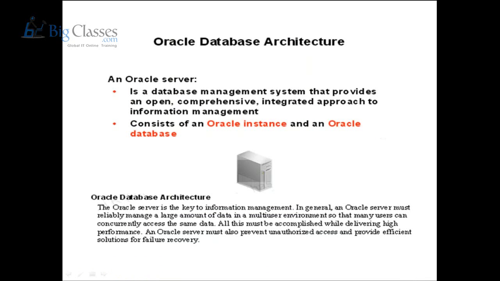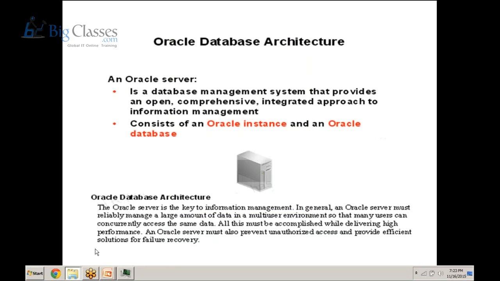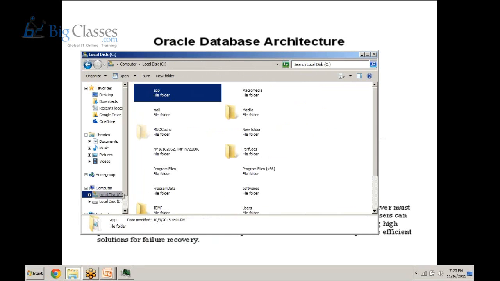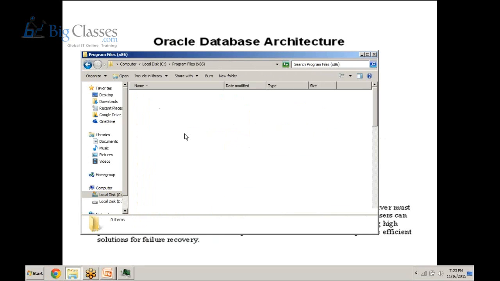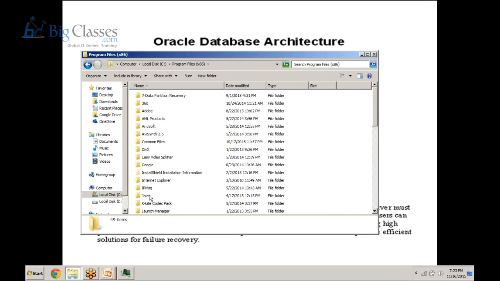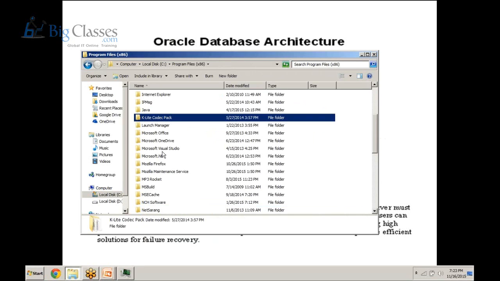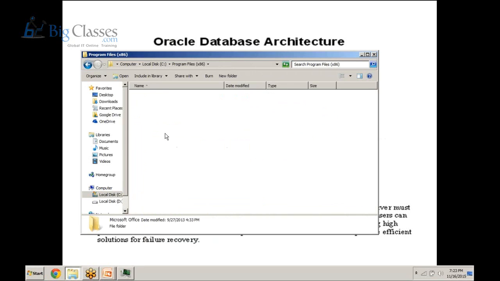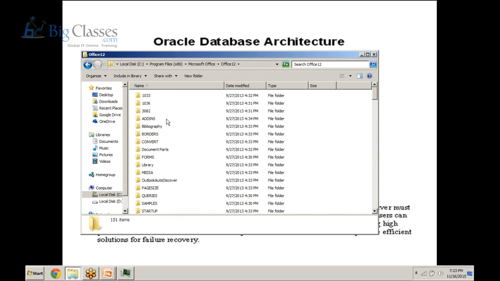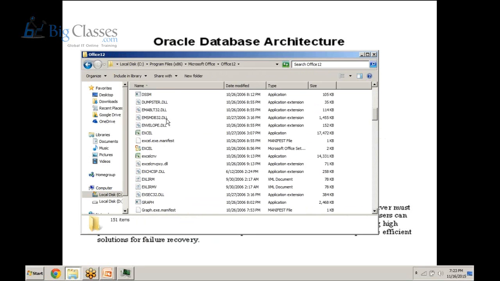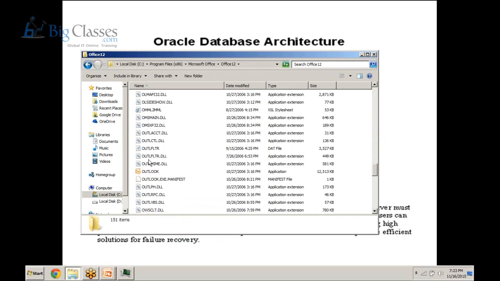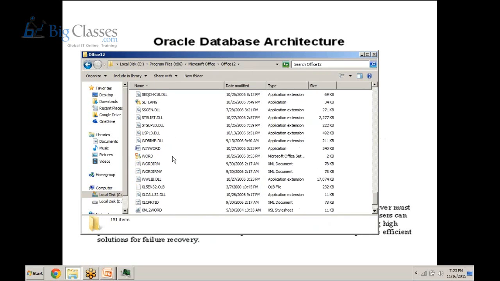If I go to that location, I will find some files there. These files are related to my Outlook, PowerPoint. So when I installed PowerPoint in my system, these files were created, right?